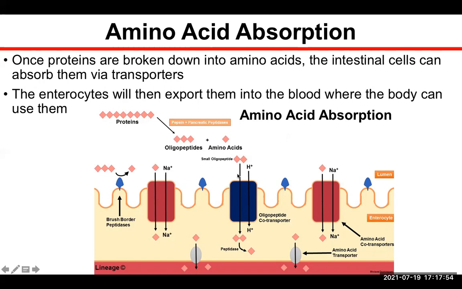Once the transporters facilitate the import of the amino acids, depending on if they're already in the monomer form or in the di or tri form, there are other enzymes within the cell that facilitate the breakdown. But once they're in the singular form, they're deposited into the blood, so the rest of the body, such as your muscles, can take this up and use it for protein synthesis.